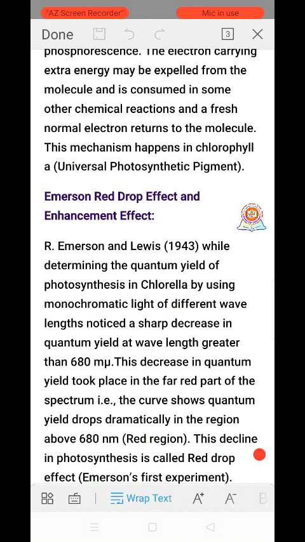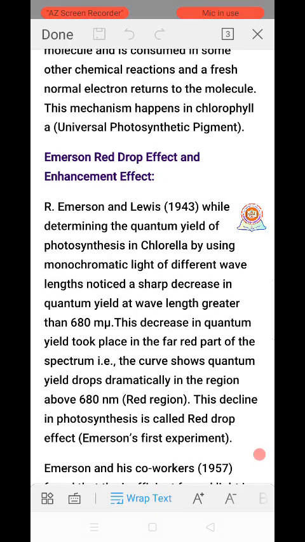Emerson and Lewis, while determining the quantum yield of Chlorella using wavelengths greater than 680, found that there is a decrease in the quantum yield. This decrease took place in the far red part of the spectrum.